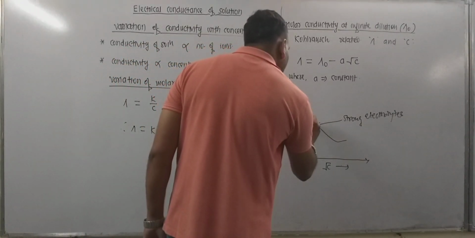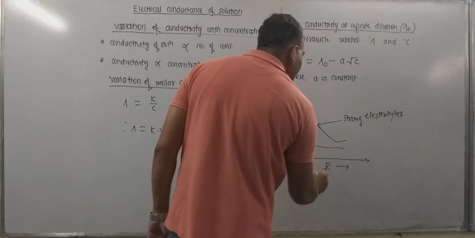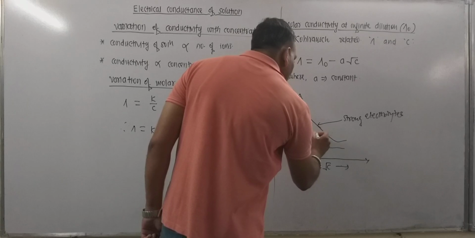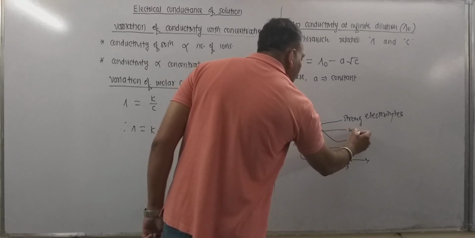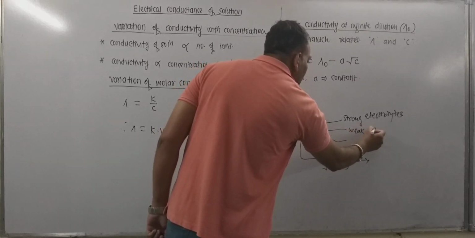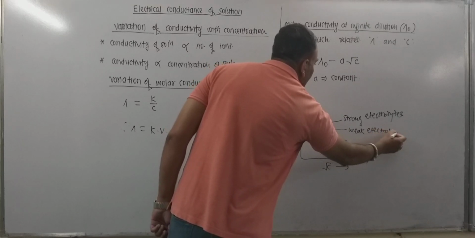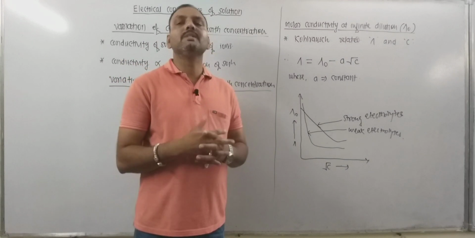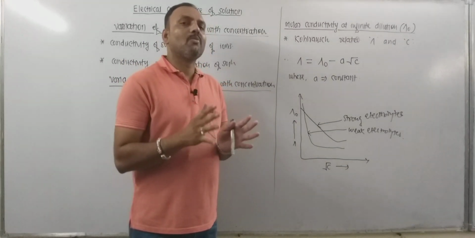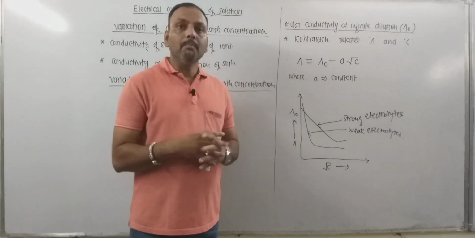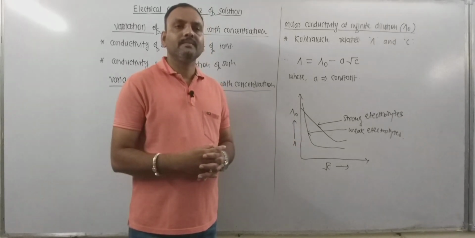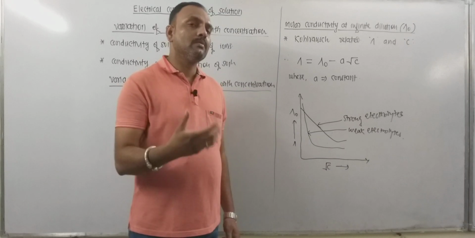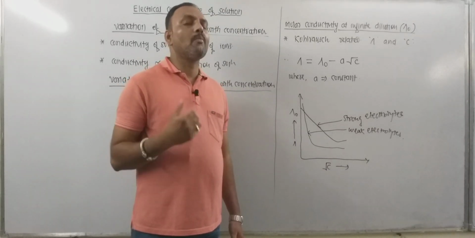But as far as weak electrolytes are concerned, the curve is not that steady, it differs from that of strong electrolytes. Again, one thing to be noted: at infinite dilution, ions of the electrolyte move independently of their co-ion and contribute their own share to the total molar conductivity.